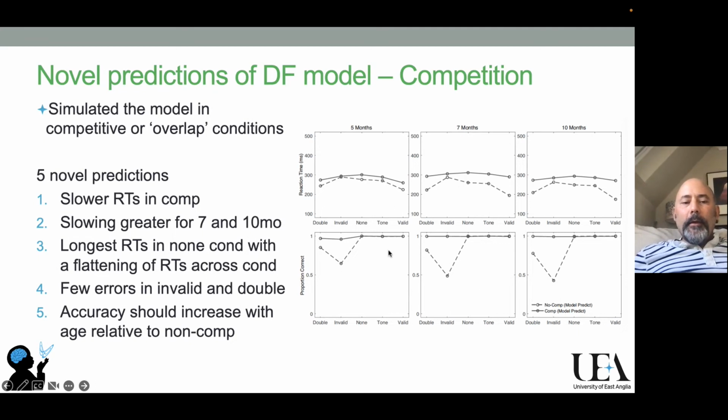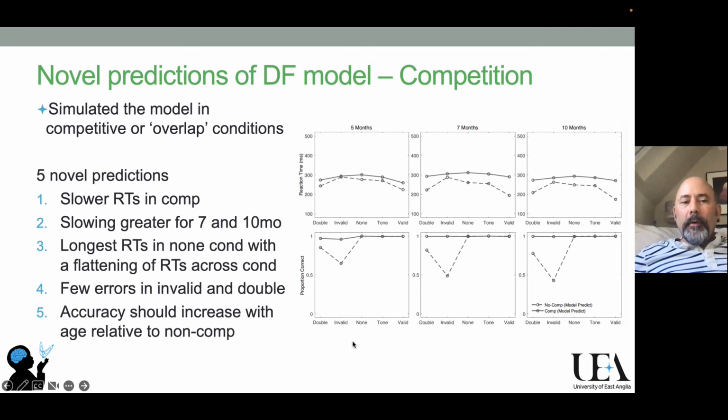If you look at the error data, you can see there are very few errors in the invalid and double conditions across the board for the competitive model, or competitive conditions, I should say. And that means that accuracy should relatively increase with age. So basically, there's a bigger difference in the accuracy for the 10-month-old model relative to the 5-month-old model.